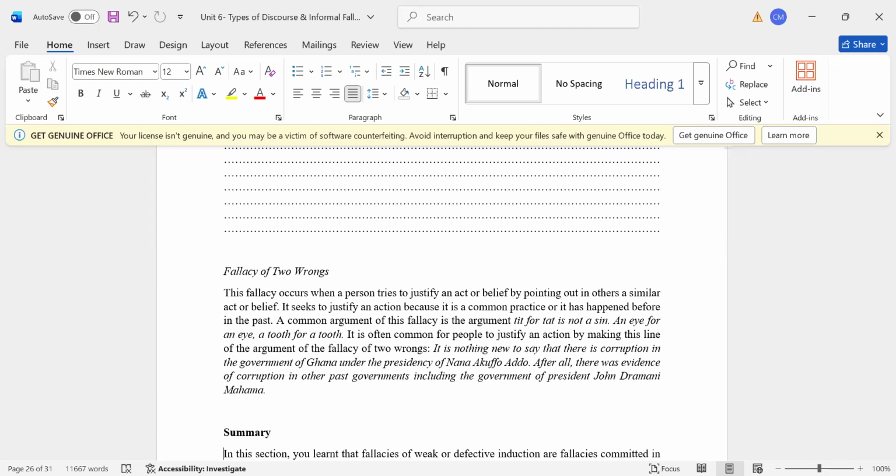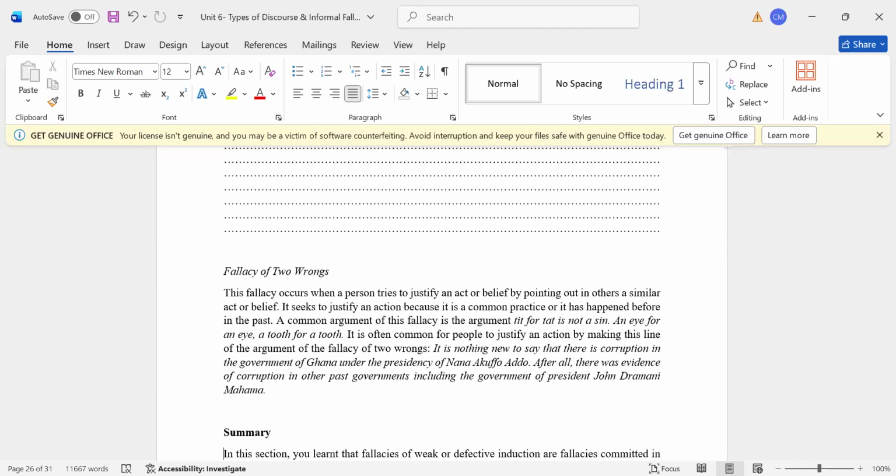The fact that I have wronged you and done this does not justify your action to do the same, to retaliate against me. If you do that, you commit a fallacy of two wrongs. Even in politics, people try to justify what they are doing now because the previous government also did the same thing.